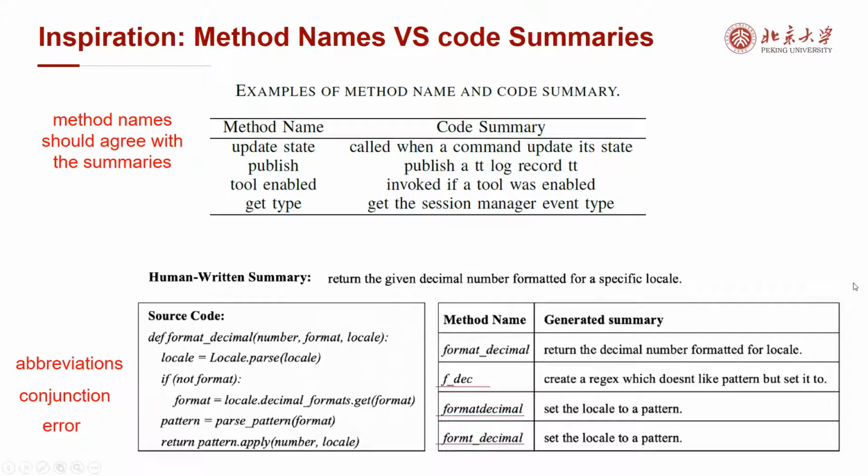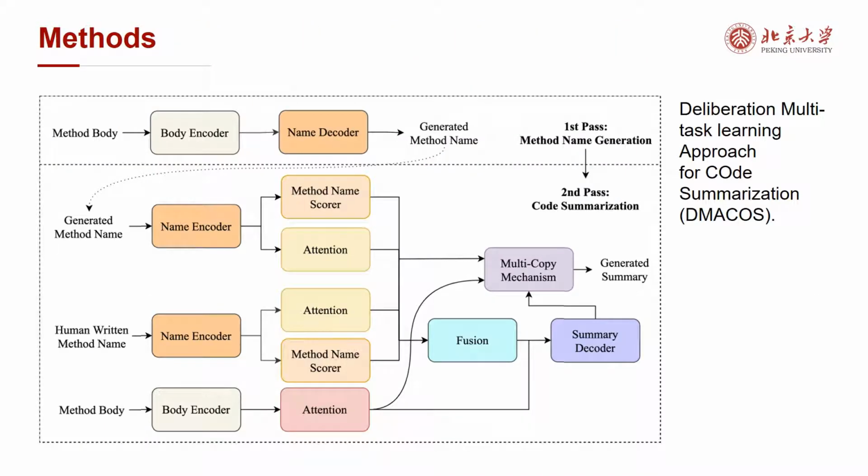So for the purpose of using these method names to improve code summarization, we have our method, deliberation multitask learning approach for code summarization. This is a two-step deliberation process.